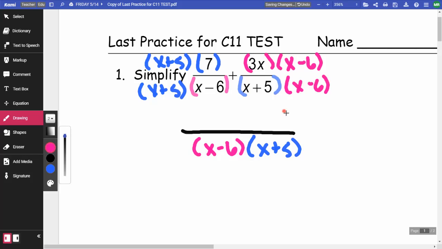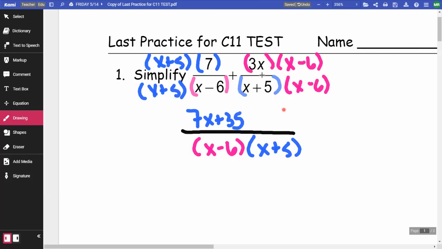So on top, I am going to get from my first fraction 7x plus 35. And then from my second fraction, when I do that, I am going to get a positive 3x squared minus 18x.